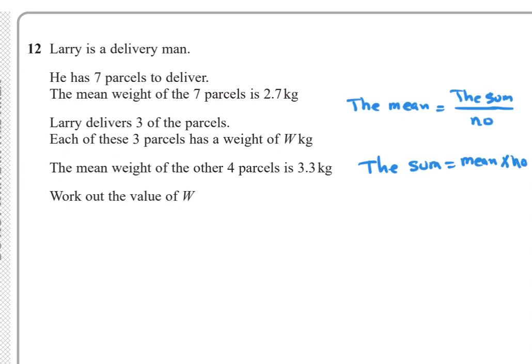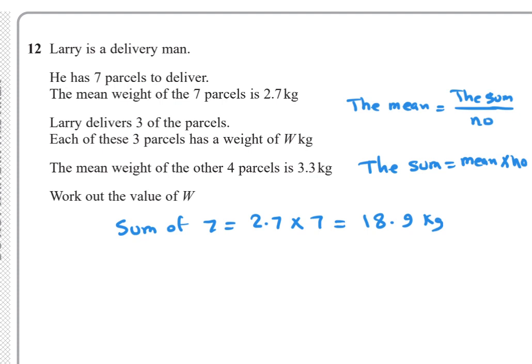Now if I need the sum of the 7 parcels, you have to multiply the mean, which is 2.7, times the number of parcels, which is 7. So equals 18.9 kg.